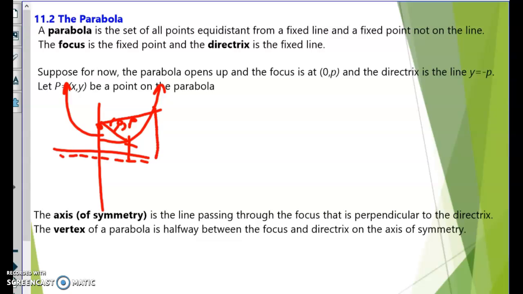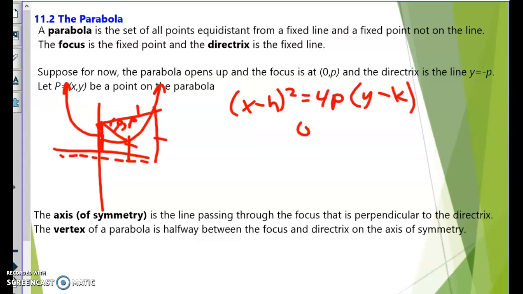So that distance and that distance have to be the same, and this distance and this distance have to be the same. So if we look at the equations for this, we get x minus h squared equals 4p times y minus k, and that is for a parabola that opens up and down, and we have the side-to-side parabolas.